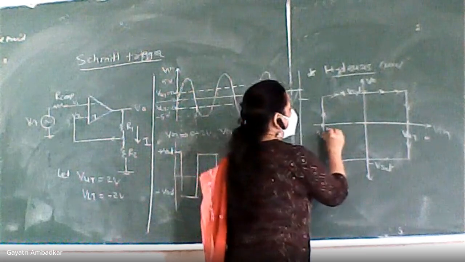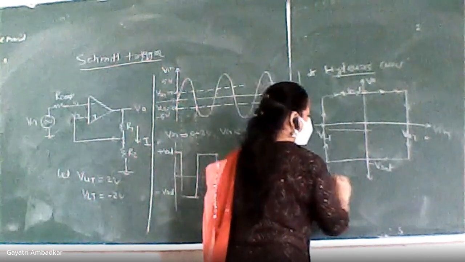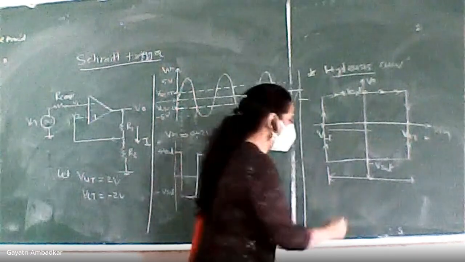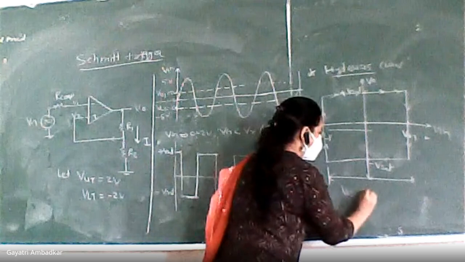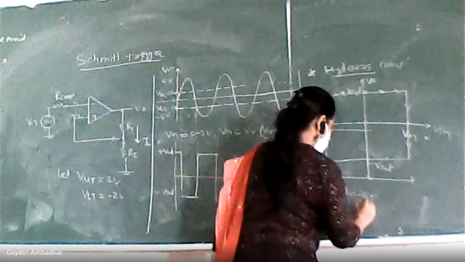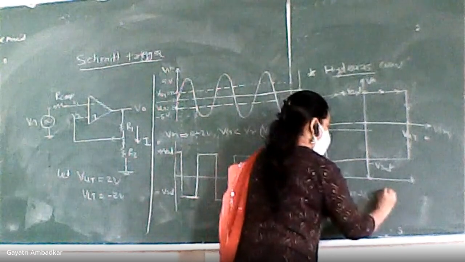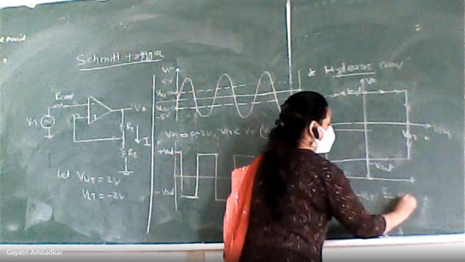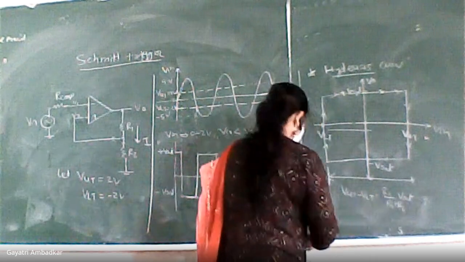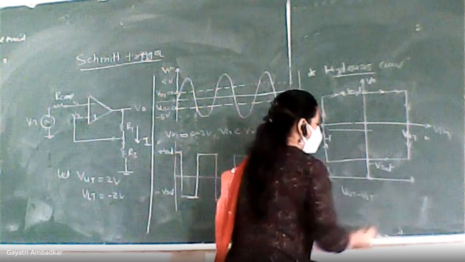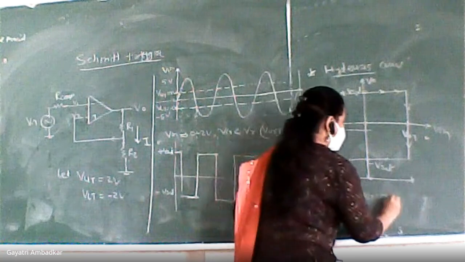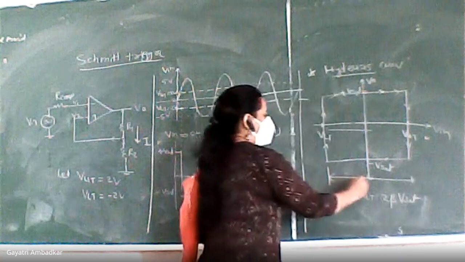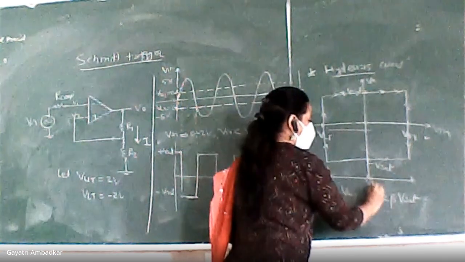So hysteresis voltage is this. From this point to this point, VUT minus VLT is equal to, we have already derived this, so I will directly write 2 times beta into Vsat, or this is your VH.